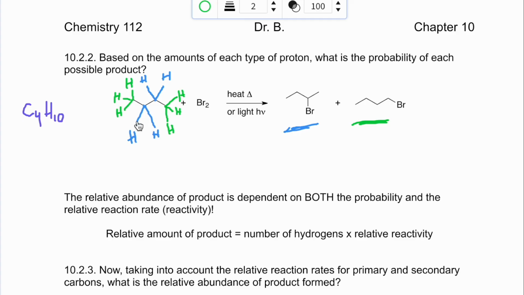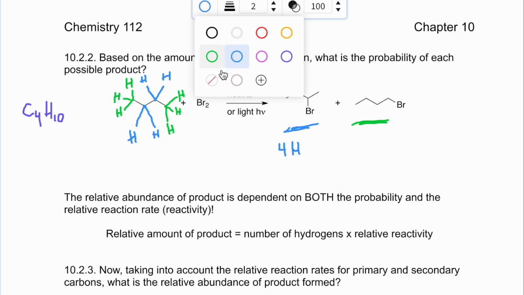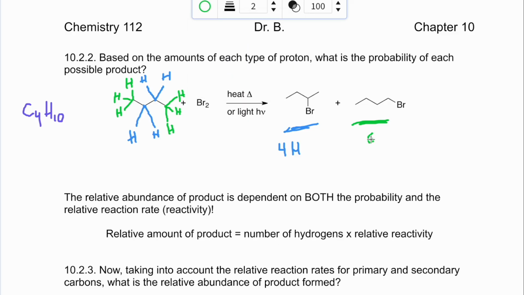And I have drawn 1, 2, 3, 4, 5, 6, 7, 8, 9, 10. The formula for butane is C4H10, so I have drawn out all the hydrogens. So there are 4 different hydrogens that lead to the first product, 6 hydrogens that lead to the second product. So out of the 10 hydrogens that there are, 4 of them will lead to the first product.